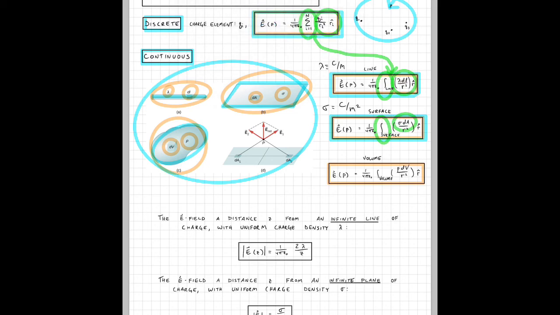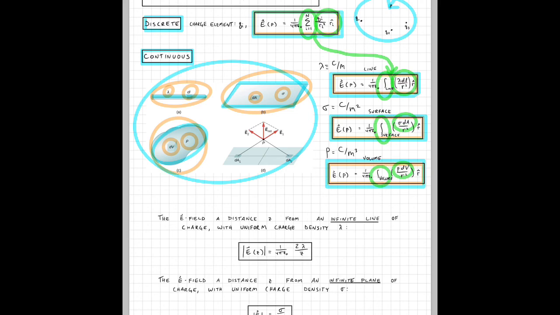So looking at the expression for calculating the electric field due to a volume distribution of charge, again, we've got an integral, and again, we've got this charge element, now rho dV. So multiplying the volume charge density by the infinitesimal volume element. So rho is charge per cubic meter.